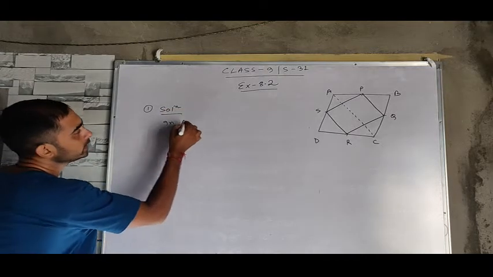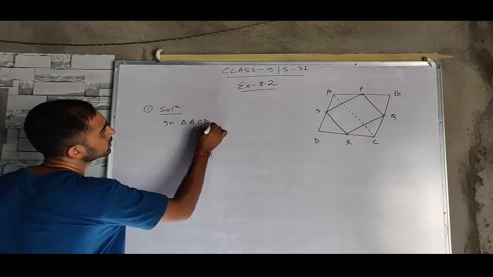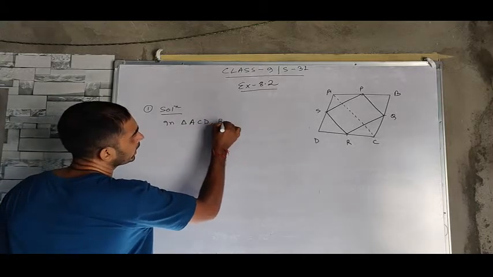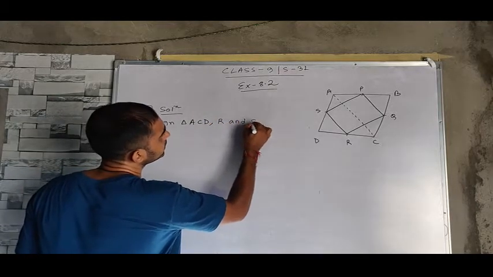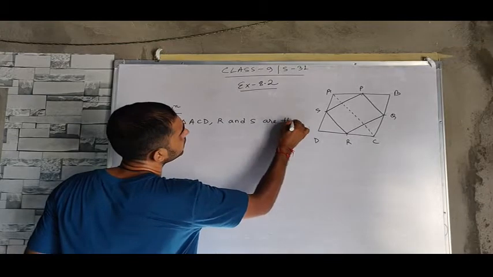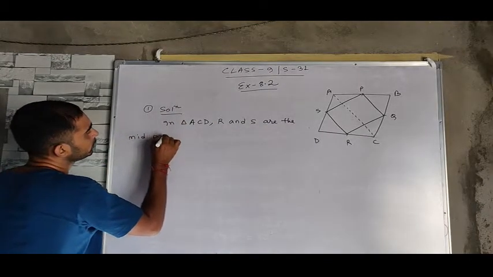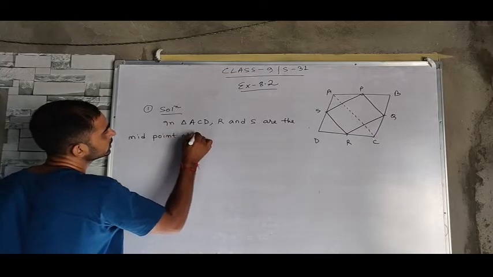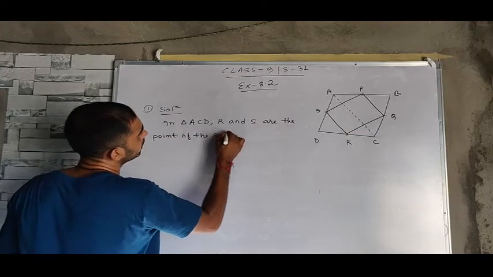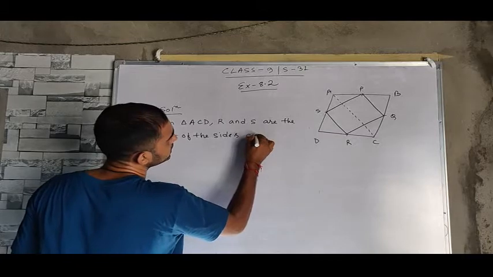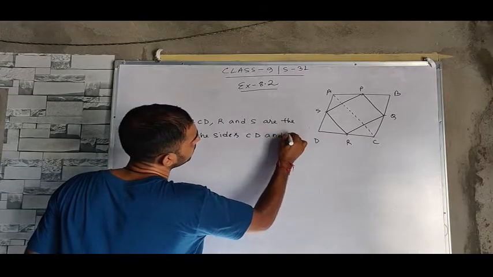In triangle ACD, R and S are the midpoints of the sides CD and AD.